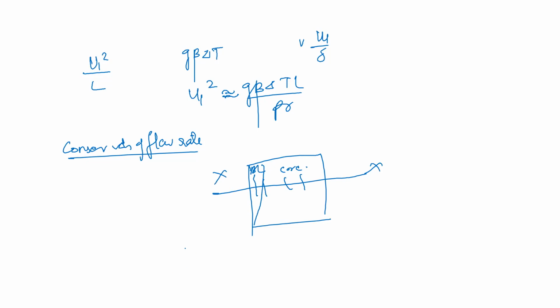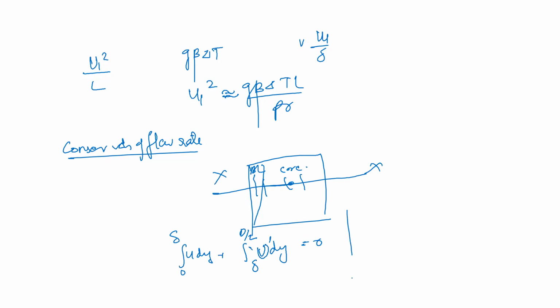Right? So the total flux should be 0. So the integral from 0 to delta of U dy plus the integral from delta to d by 2 of capital U dy must be equal to 0 for the continuity equation.